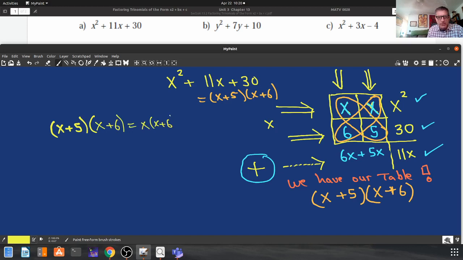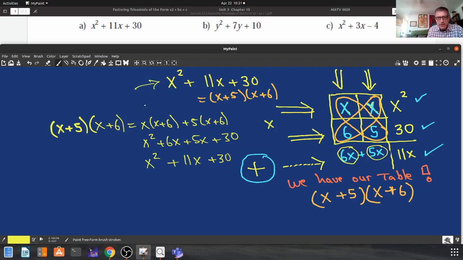If you want to FOIL this, you can. Plus 5 times x plus 6. Well, that's x squared plus 6x, here's our 6x, plus 5x, here's our 5x, plus 30. And when I add those together, I get 11x, which is what I said it was. So this is the factorization.